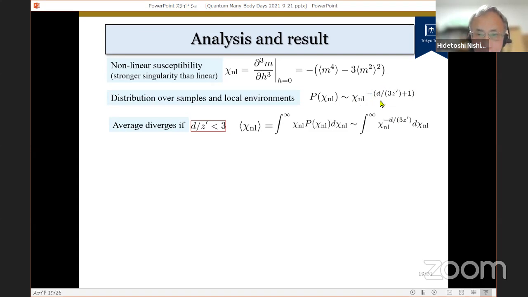And if this exponent in the power is less than 1, or if this expression d over z prime is less than 3, then the average nonlinear susceptibility diverges. So we look at the distribution function of this nonlinear susceptibility to see if this exponent satisfies this condition near the critical point.